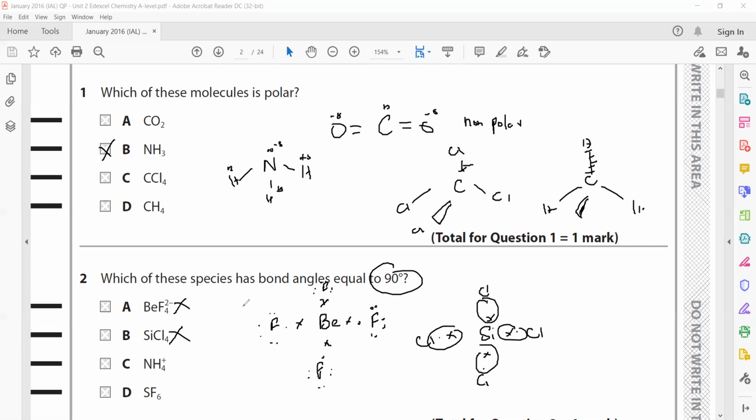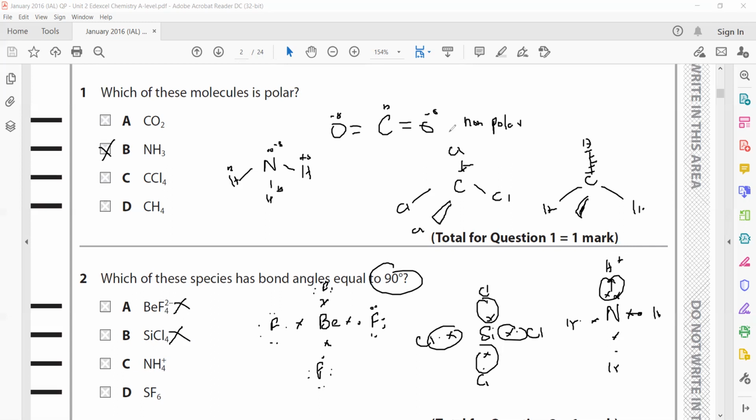That's why it cannot be B. NH4+: nitrogen has 5 electrons, 3 it will share with hydrogen first, and then there is a dative bond. So it appears to be 4 bond pairs. When 4 bond pairs are there, it will be a tetrahedral structure with a bond angle of 109.5.